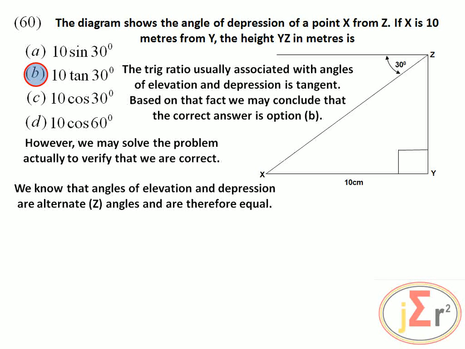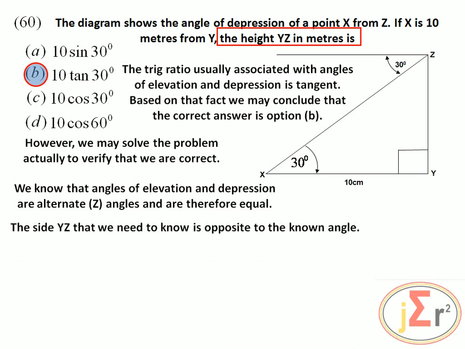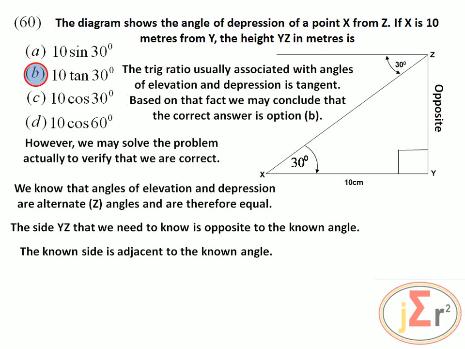We know that angles of elevation and depression are alternate, or we call them colloquially Z angles, and are therefore equal. So those two are equal. They are alternate angles. The height of YZ in meters is what we are attempting to find. The side YZ that we need to know is opposite to the known angle. The known side is adjacent to the known angle.